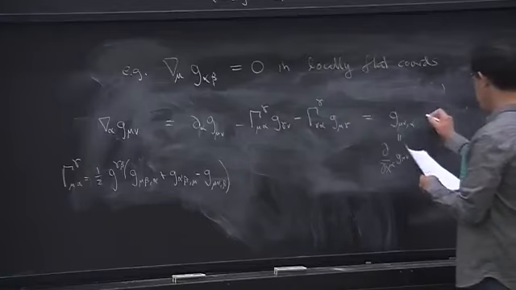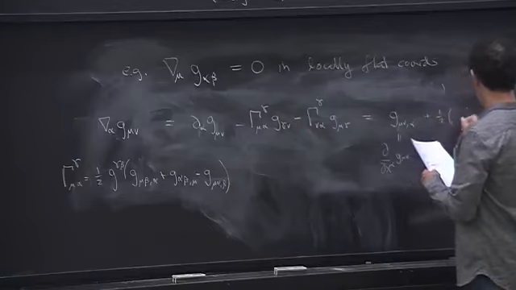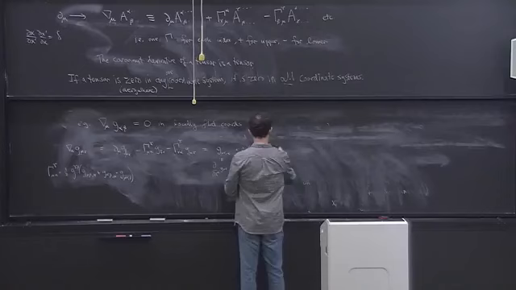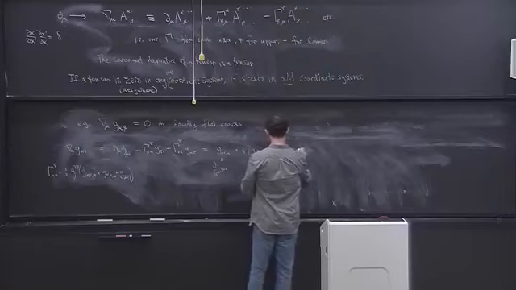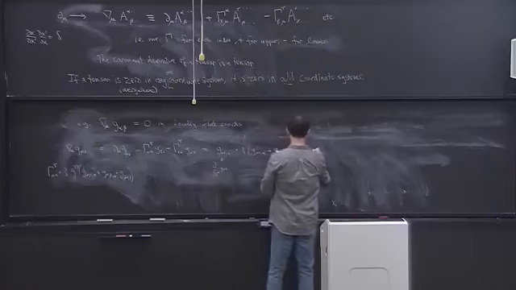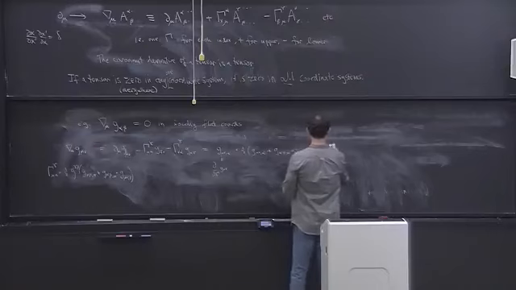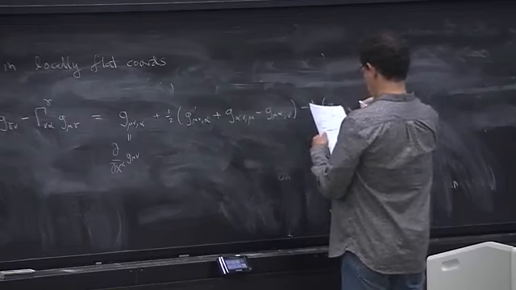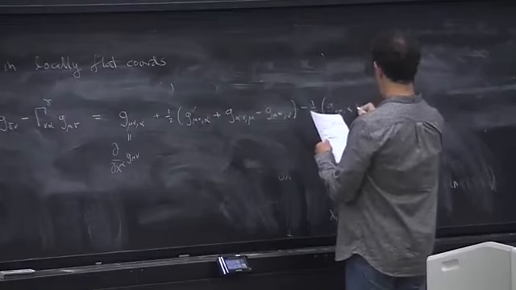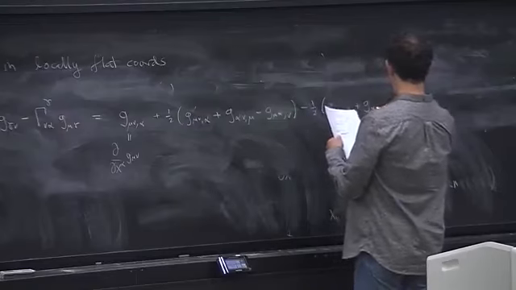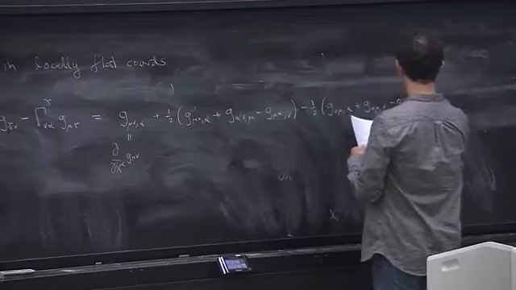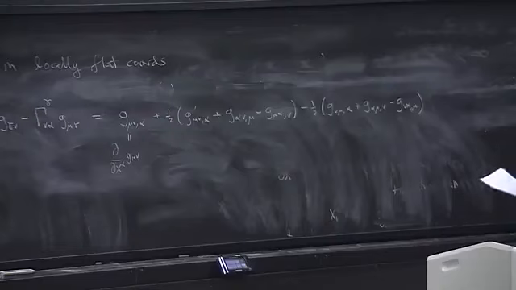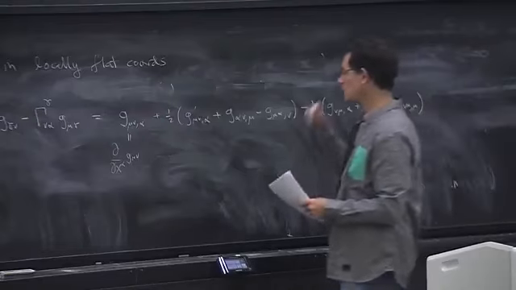And so this is 1/2 g mu nu comma alpha plus g alpha nu comma mu minus g mu alpha comma nu, minus 1/2 g nu mu comma alpha plus g alpha mu comma nu minus g nu alpha comma mu. Okay, so I just worked out the three terms.